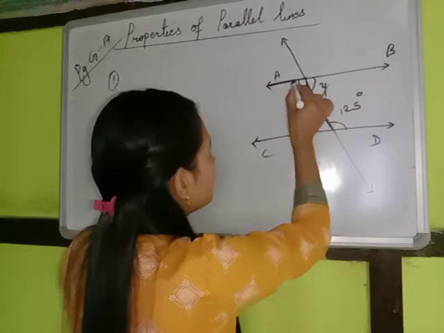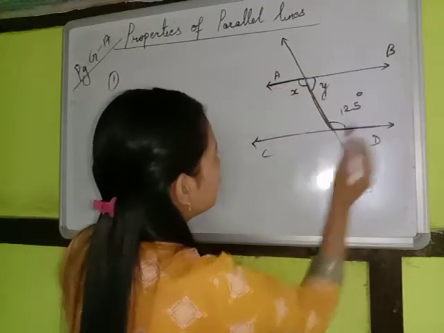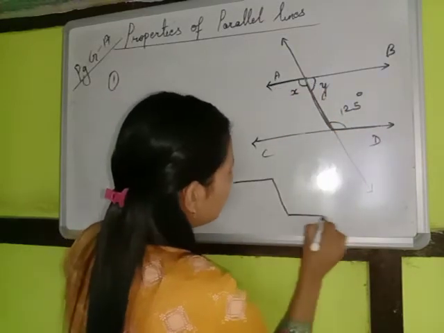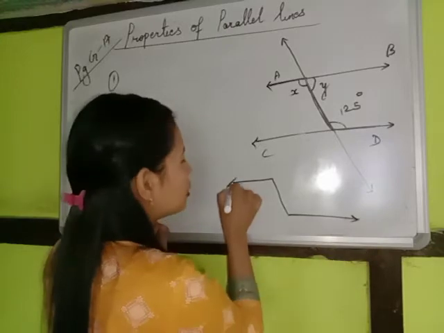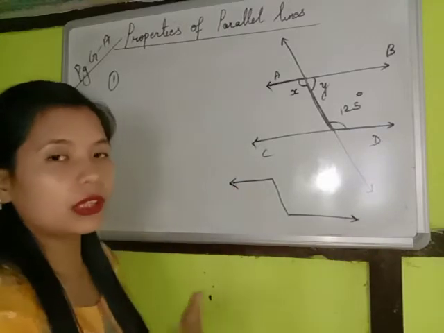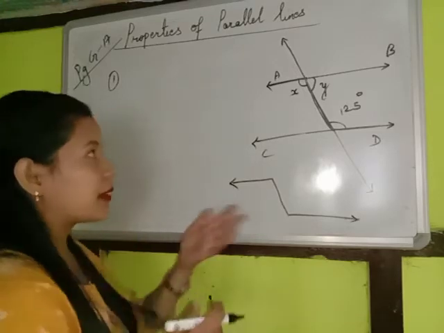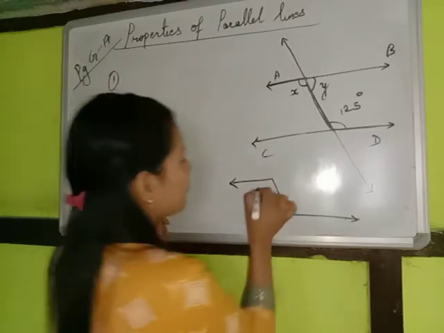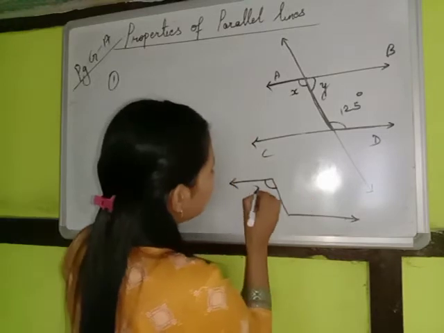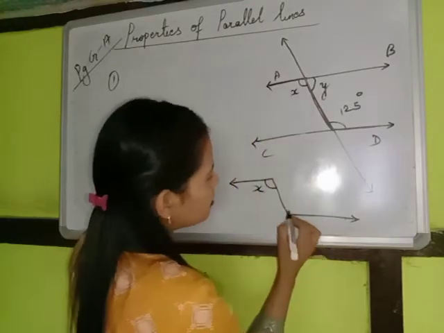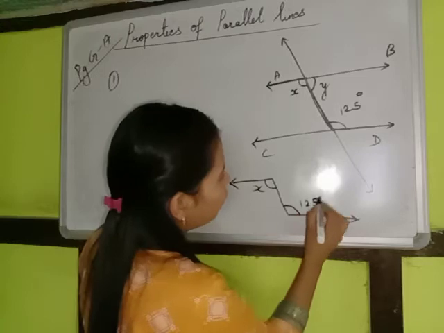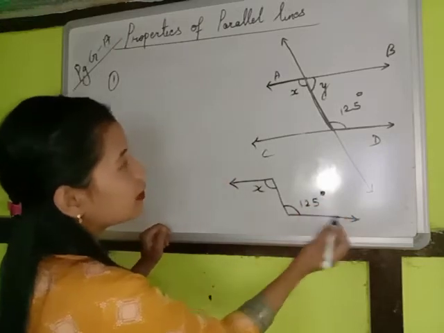When we go from here, here and here, I'm going to draw this for your convenience. You need not draw it every time. I'm drawing this for you in a preliminary phase. So this is angle x, and this is angle 125 degrees, right?